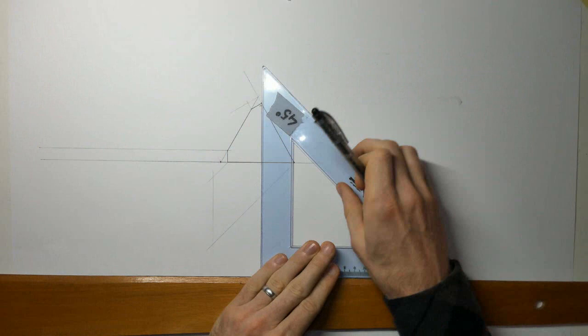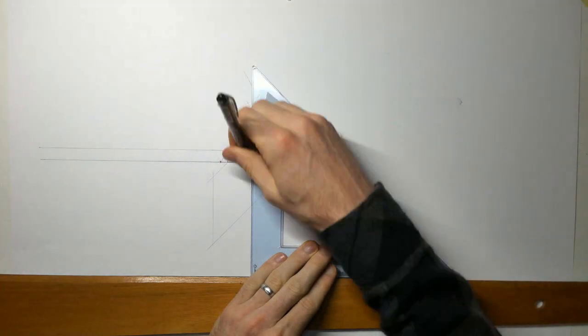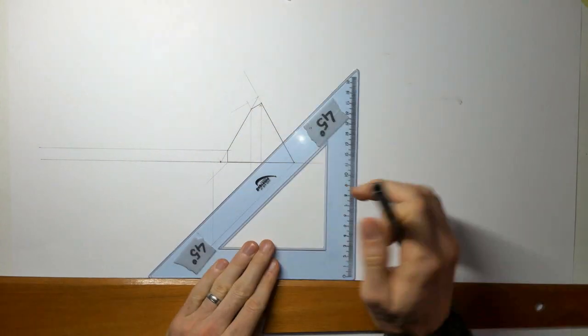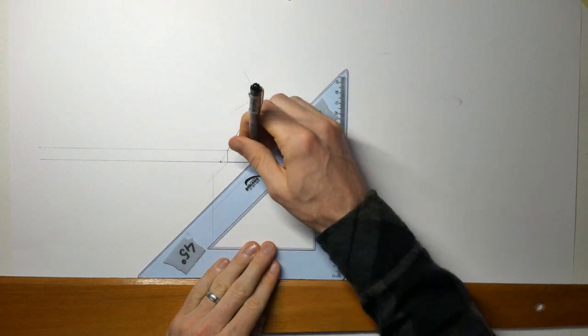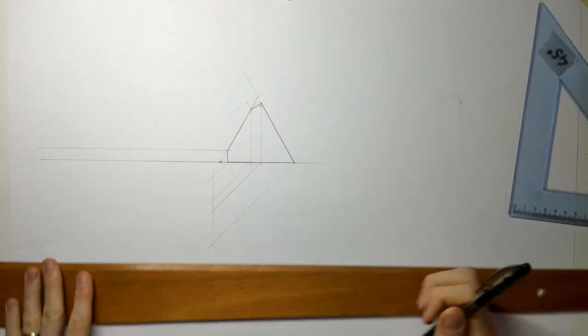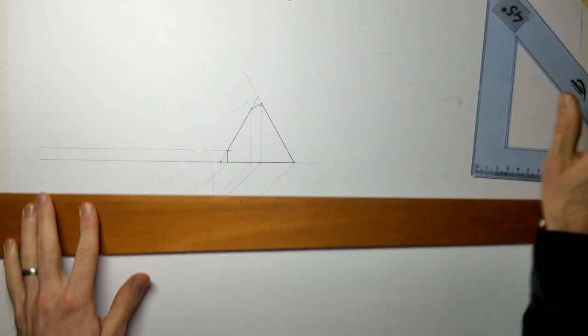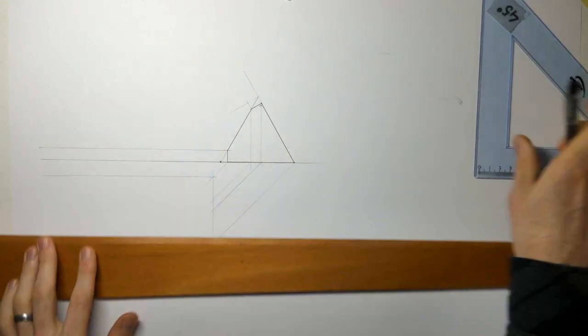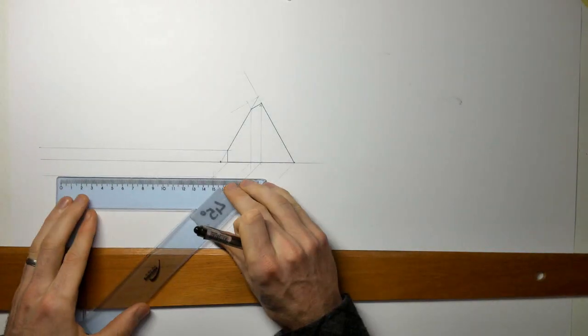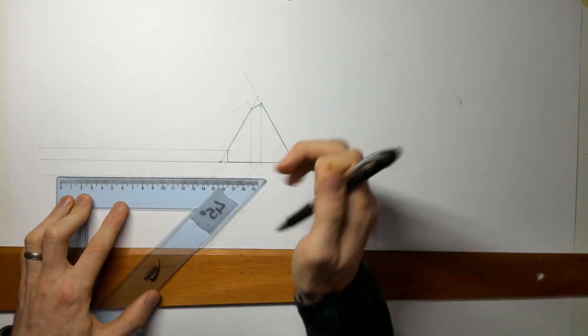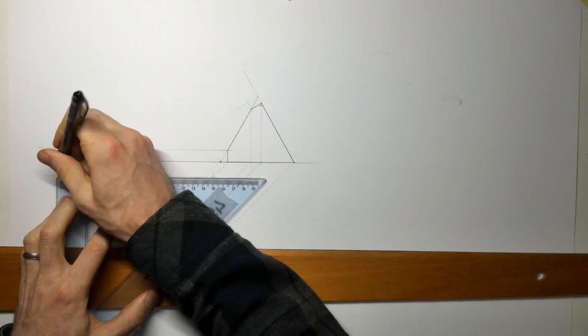Project down these edges. Going across, we know it's going to be 150, the length given to us above the elevation, so 150.